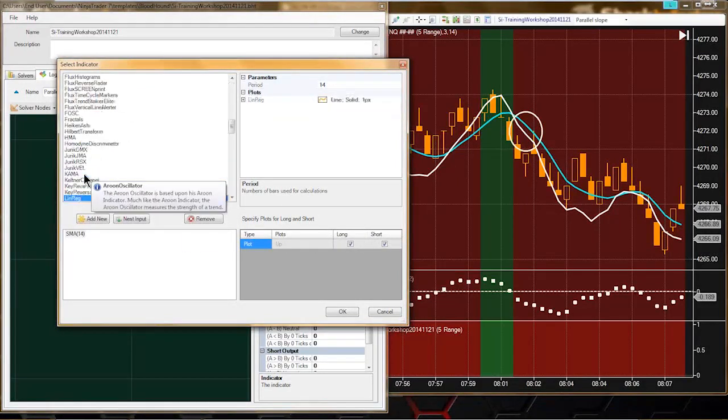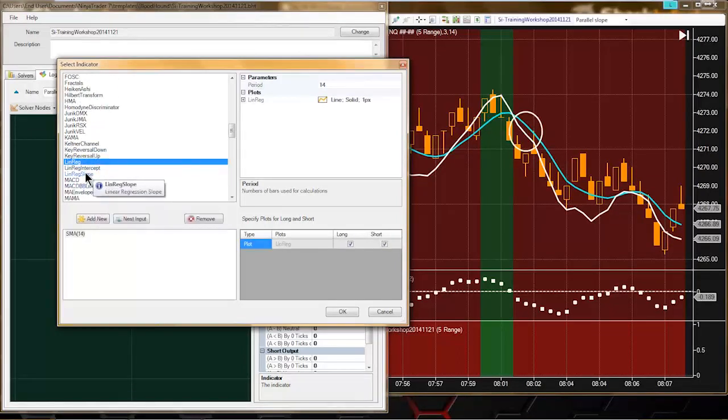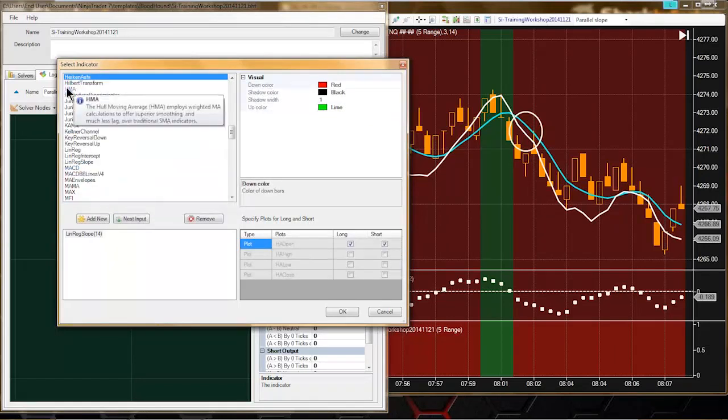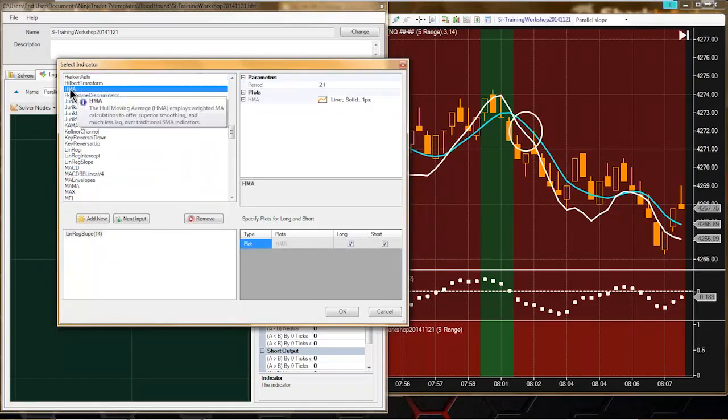All right, we're going to do some nesting inside of BloodHound here. Let me grab the linear regression slope, and then I'm going to nest the HMA. I just single click on the HMA and then click the nested input. There we go.